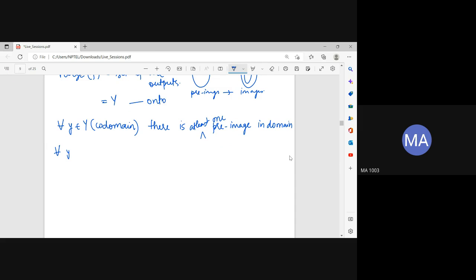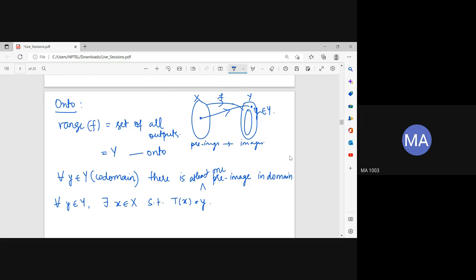So for every y in Y, there exists at least one x in X such that T of x is equal to y. Only then x is a pre-image for y, right? If T of x is y. Madam, in this case, range will be codomain. Is it? Range means you're looking at all outputs. It will be equal to the codomain means what? Every element in the codomain is an output of some input, right?